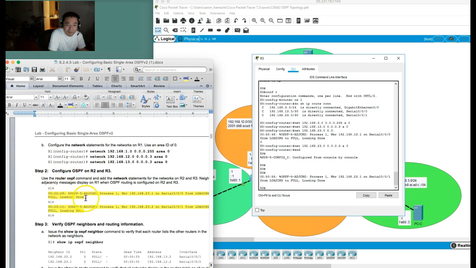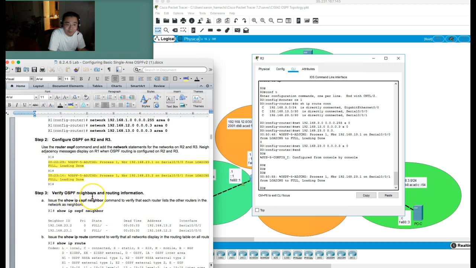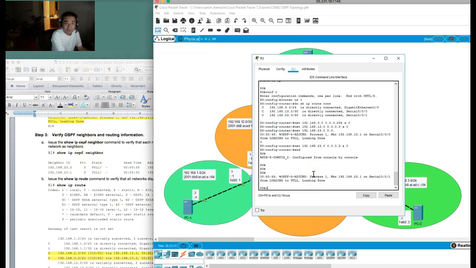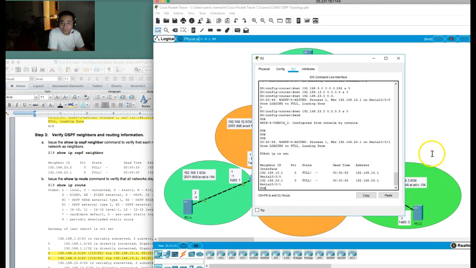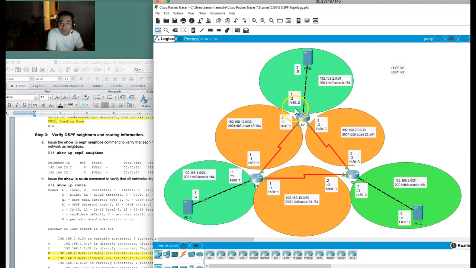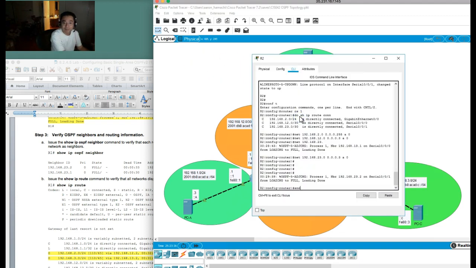And just like that. Now verify OSPF neighbors and routing information. Show IP OSPF neighbor. And yes, we see our neighbors here from router 3's perspective.